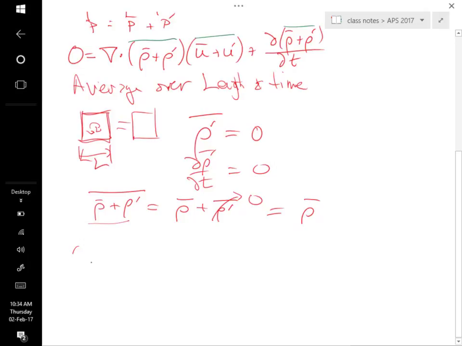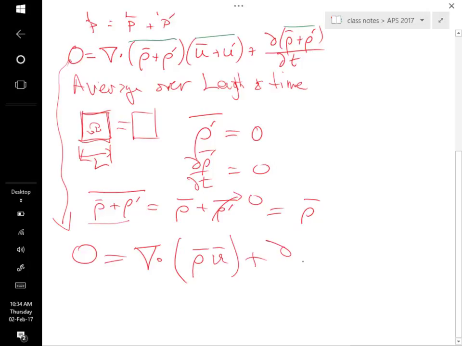So what that gives us then is, if we go back to here and use these rules of averages, then we've got the divergence, and the average of this sum just gives us the average. And this average of the sum just gives us the average. And this is just giving us the average. Okay?